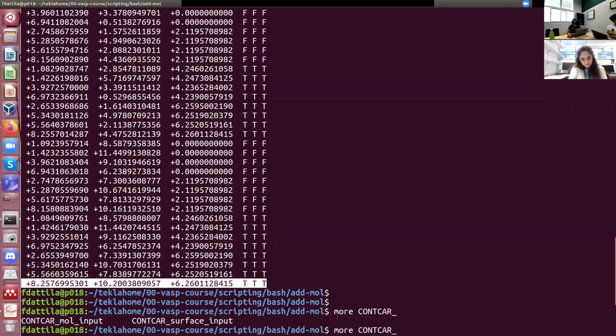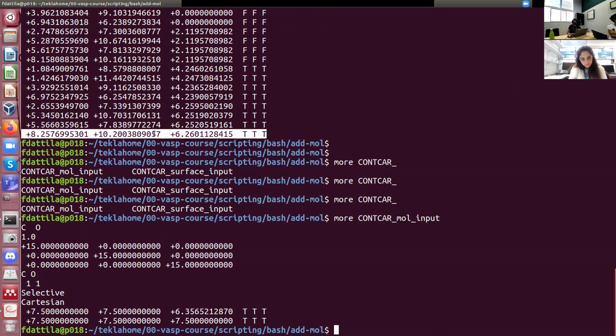So let's say this is the atom where you want to put it. Then instead of 7.5, you need to have something like 8.25. Instead of 7.5 here, you need to have 10.20. And instead of 6.26, you need to have something like 8.26, because we said yesterday it's good to have two Angstrom of space. And here you need to take this difference, basically, because you also need to preserve the distance between the carbon and the oxygen in your system, okay?